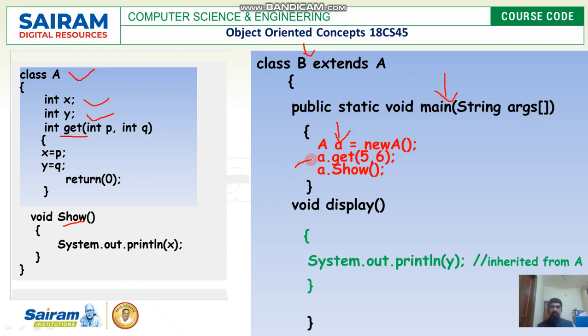Look at how I access the method: a.get. get is a method in the superclass A. It assigns the values for P and Q, where P is 5 and Q is 6. It calls the superclass get method, which initializes the values: x gets the P value, which is 5, and Q is assigned to the variable y, so y is 6.